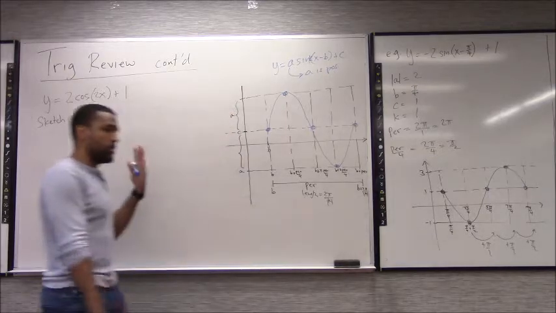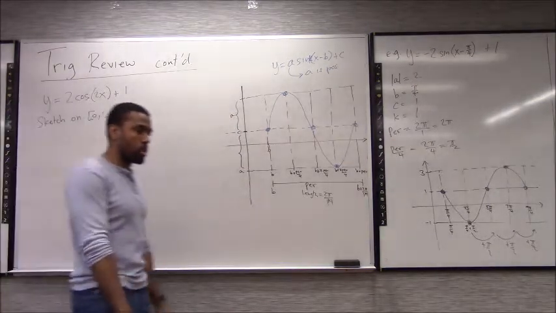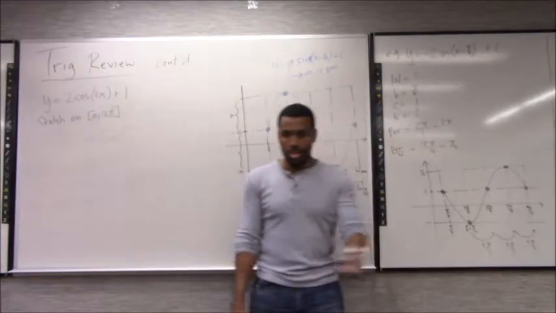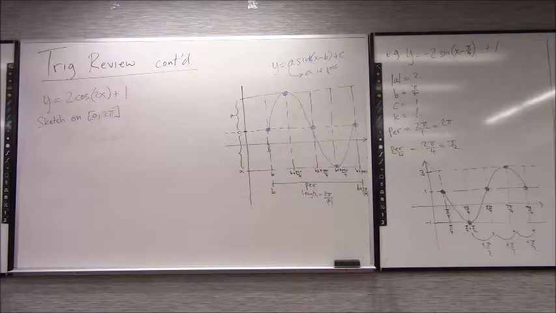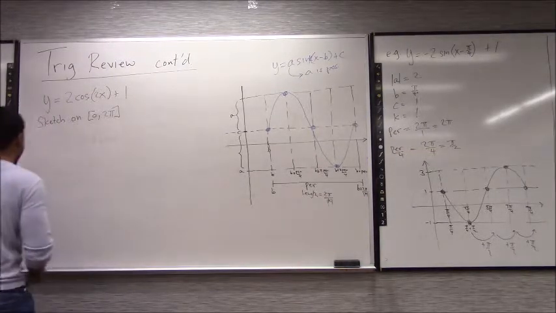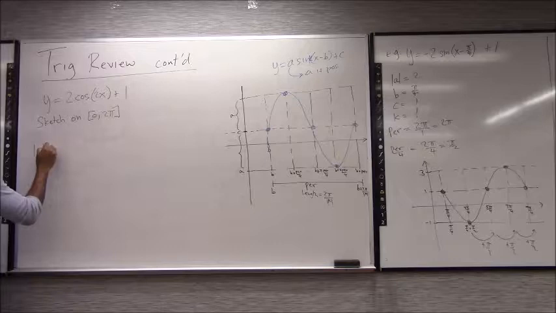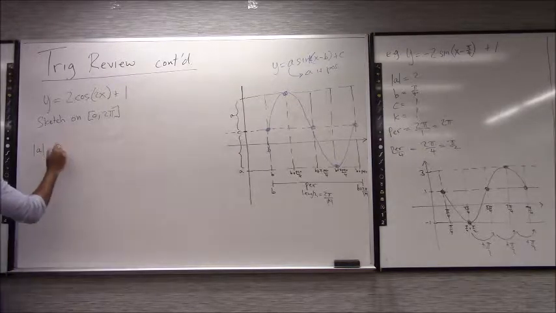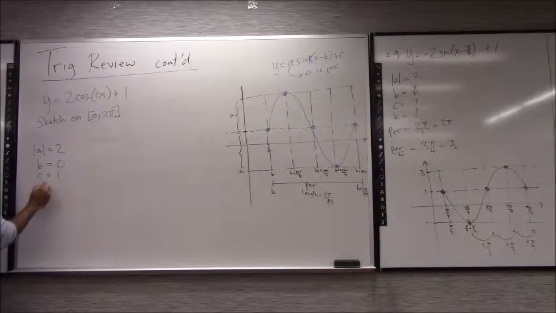So being able to do something like this is going to be very nice when we're sketching things called polar curves, which will happen towards the last quarter of the semester. So you see something like that, you're first going to just get to the numbers again. So our A here is 2, the B here is 0, the C is 1, the K is 2, right?